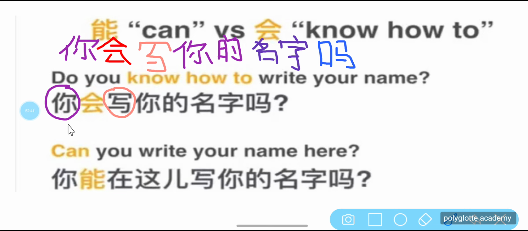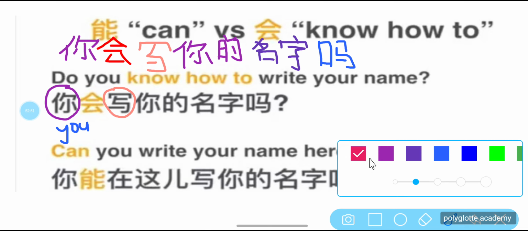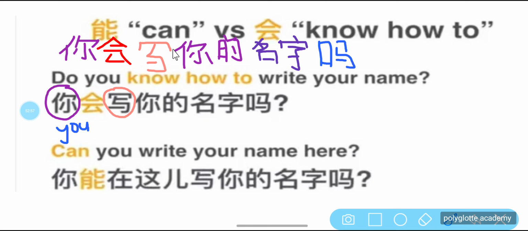So nǐ, which is you. And the next character here, which is huì. You can give its color to it. So huì, which is know how to. Know how to. So we're going to write that.